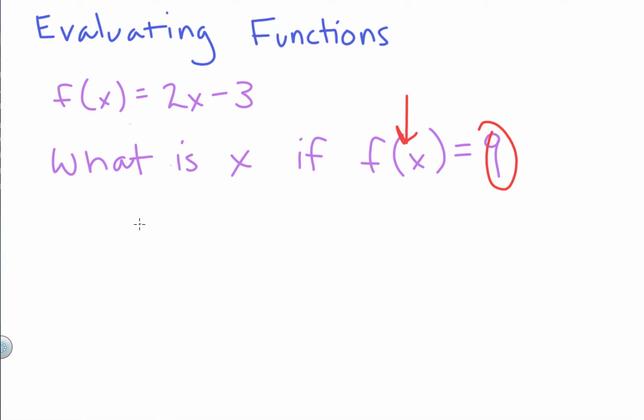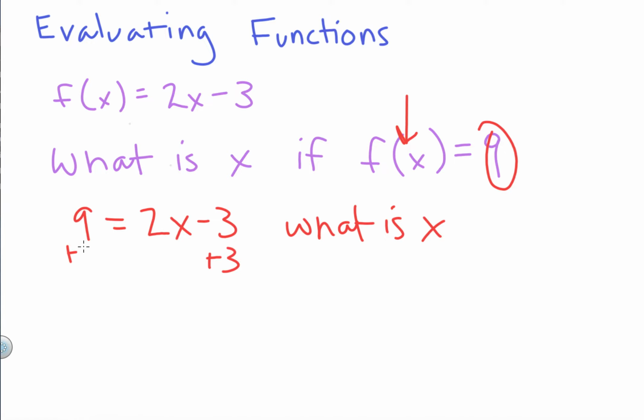So what it's saying is 9 is going to be equal to 2x minus 3. What is the x? So we simplify. We solve. We find out what is the x. So 12 is equal to 2x. We divide by 2, and we get x is equal to 6.